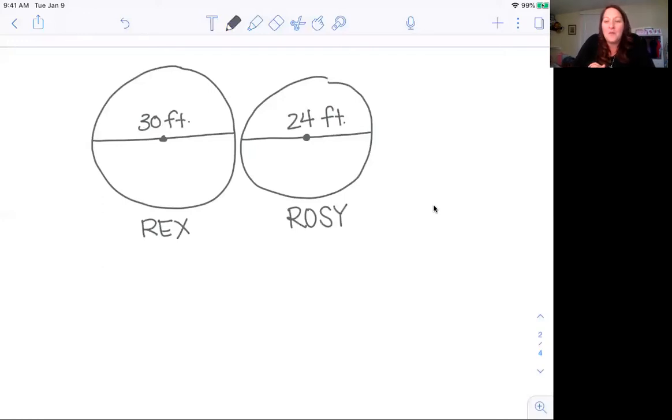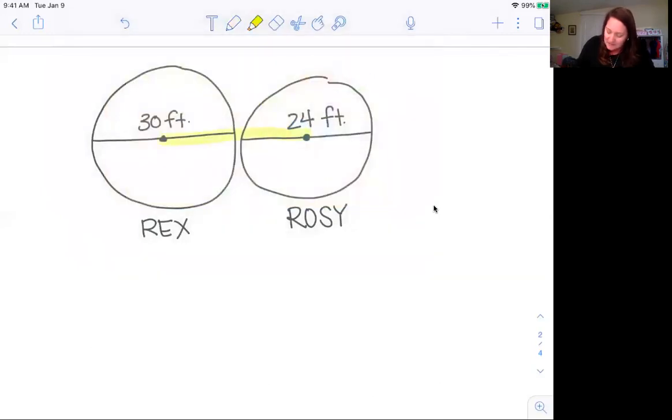How far apart can they be? Let's see. Well, let's think about this. If they are 30 feet apart, if these poles right here, because we have to remember there's a certain piece of information that even I forgot till I looked at it.